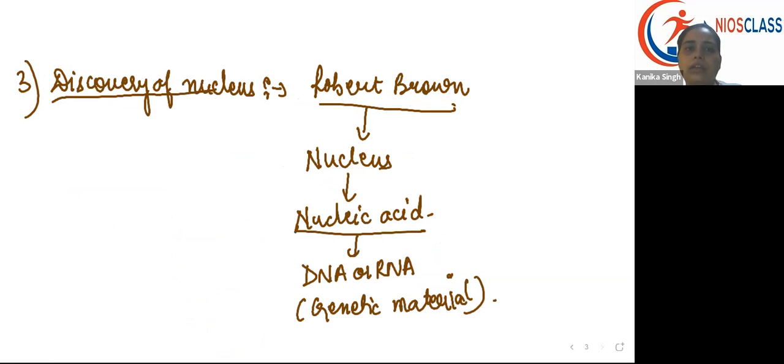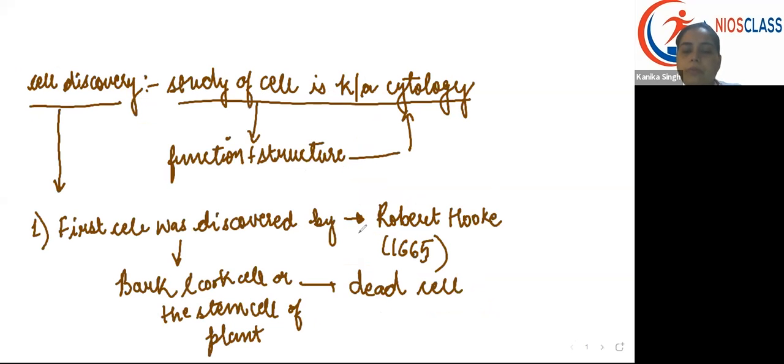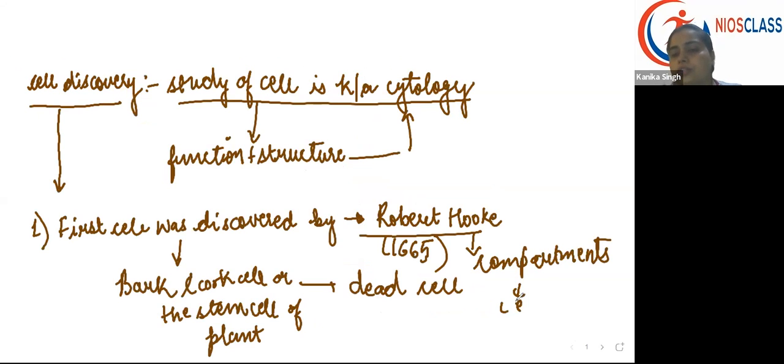So in the Latin word, scientist number one, Robert Hooke, called these compartments cells. Now you will say, what are compartments, ma'am? When we observed the cell under a microscope, it was looking like this.